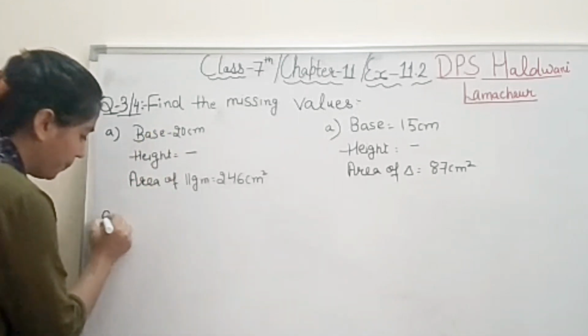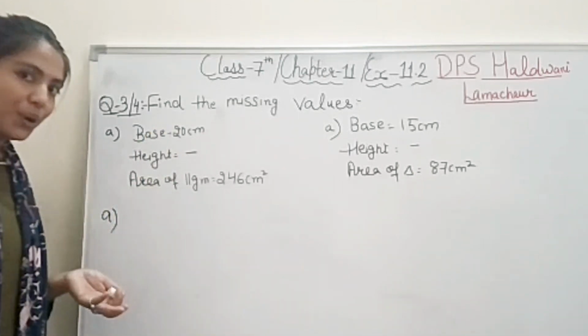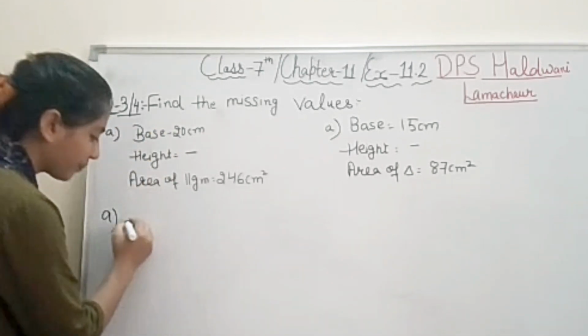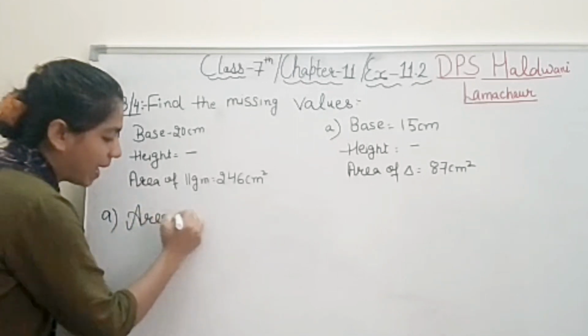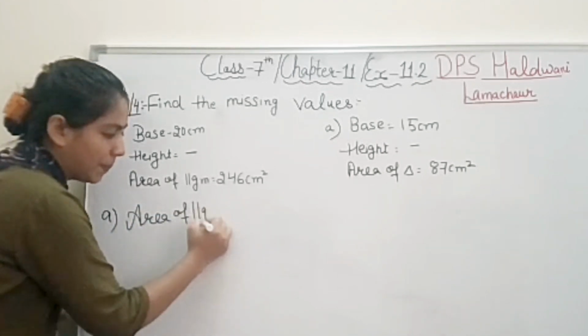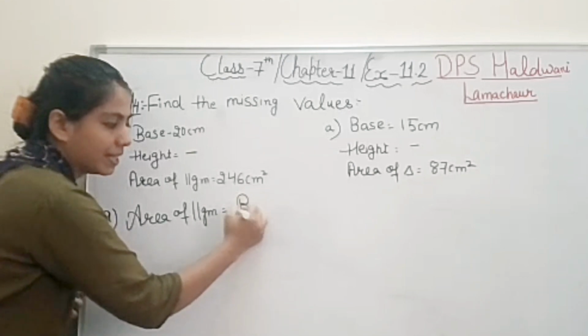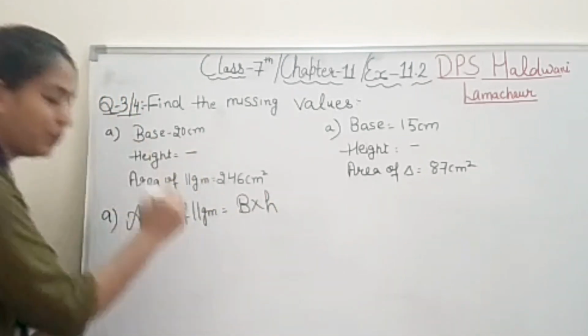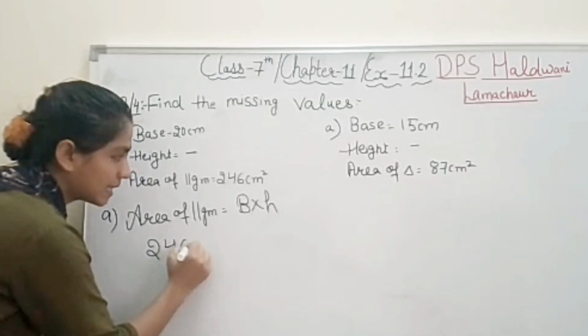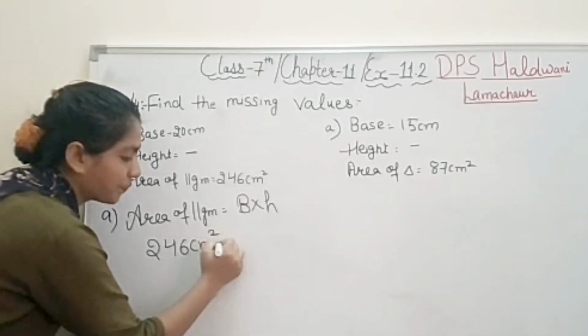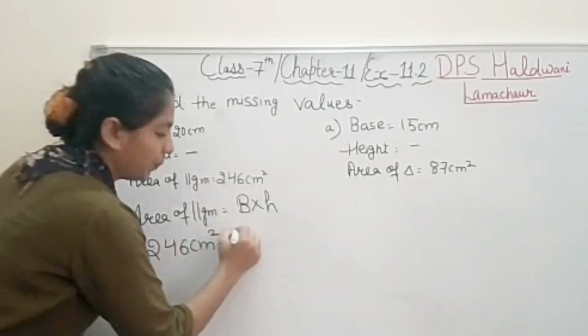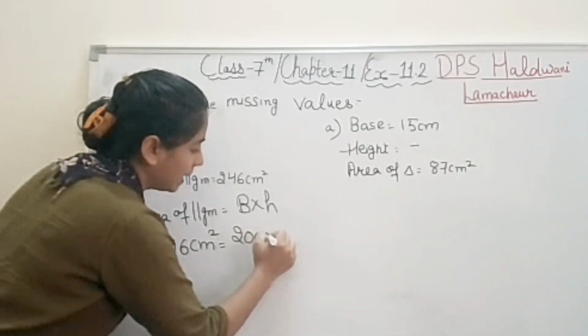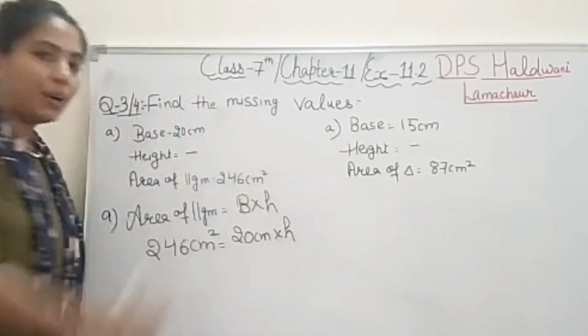It means this is talking about area of parallelogram. So let's start the solution. We know area of parallelogram is base into height. Now area of parallelogram is given to you, 246 centimeter square. Base is given to you, 20 centimeter, and height you need to find out.